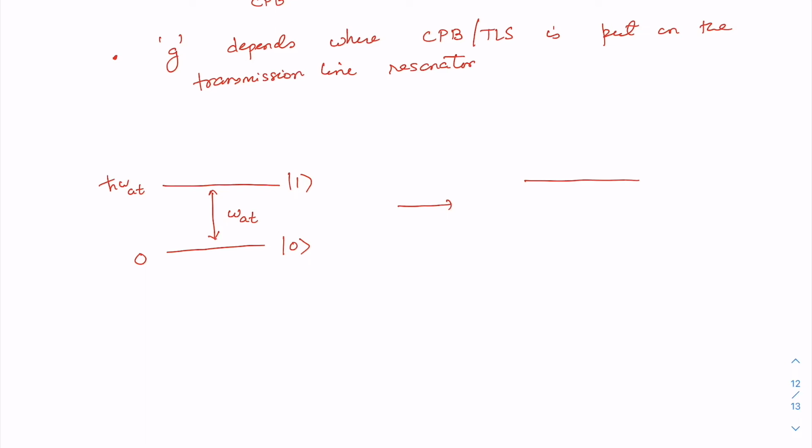Earlier we had a situation like this, where the ground state energy was taken to be minus ħ omega atom by 2, and the excited state had energy ħ omega atom by 2.